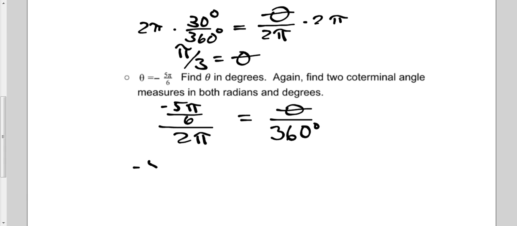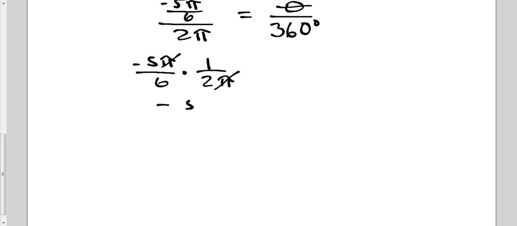So this is negative 5 pi over 6 times the reciprocal of 2 pi, which is 1 over 2 pi, right? The pi's cancel, and I get negative 5/12. So then I get negative 5/12 equals theta over 360 degrees.